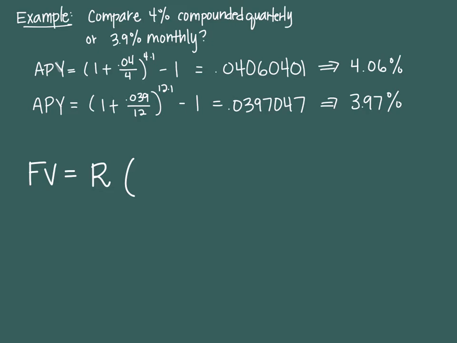And if you don't want to write APY, you can actually write 1 plus r over n to the nt minus 1, but that's just the APY formula, all over r over n. Now notice we have a little r, which we already know what it is, but then there's a big R. Okay, this is new. We haven't had big R before, so I need to tell you what that stands for. So that's a new letter.